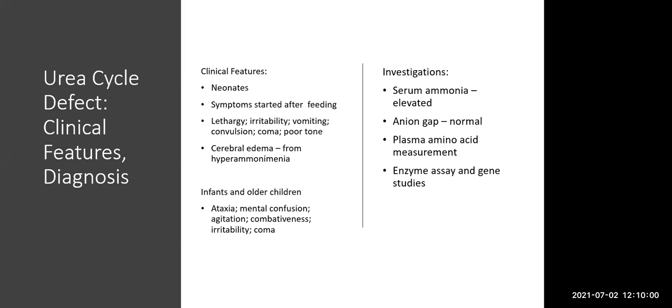But for the common ones, like MSUD, it's one of the commonest IEM. I've seen 3, 4, 5 MSUD patients because they live long. If you manage well during the neonatal period, they can survive until adulthood, and a lot of them have normal IQ.